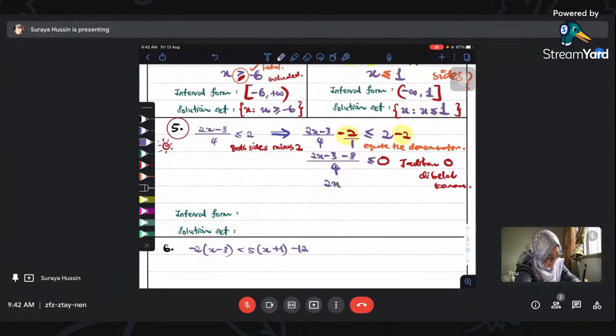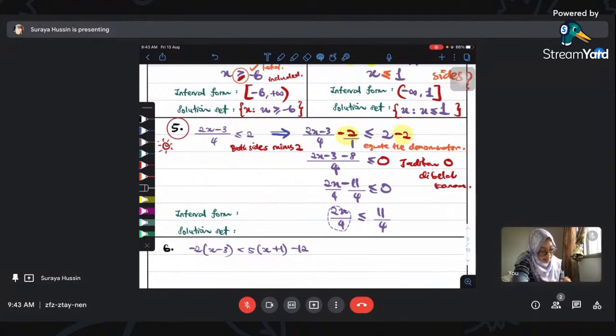So here is 2x minus berapa ni? Minus 11 over 4. Okay. So now you akan nampak 2x, you akan jadikan 2x divided by 4 sebagai subjek. Dapatlah 11 over 4 on the right hand side.